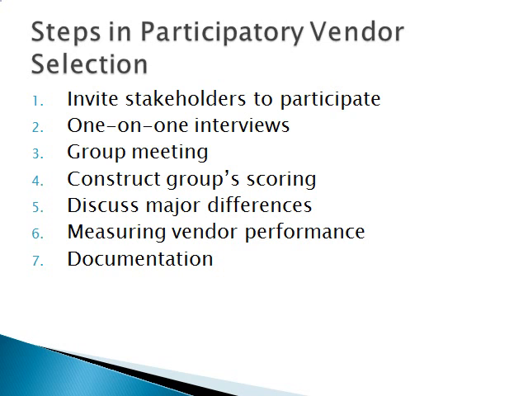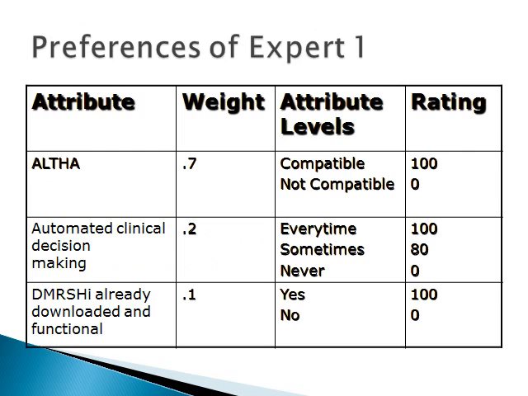And finally, and very, very important, documentation will be done by the analyst all along the way and especially at the end, so that everyone's input is there and that it is well documented what was important to people and how this decision was arrived at.